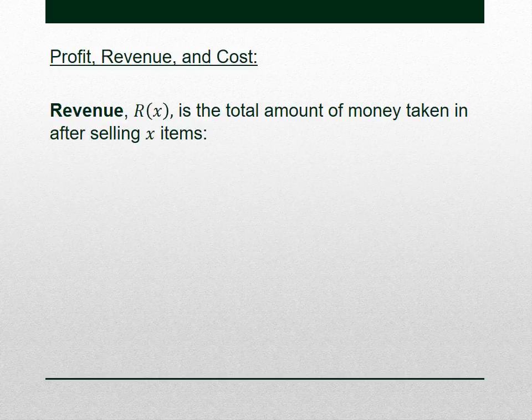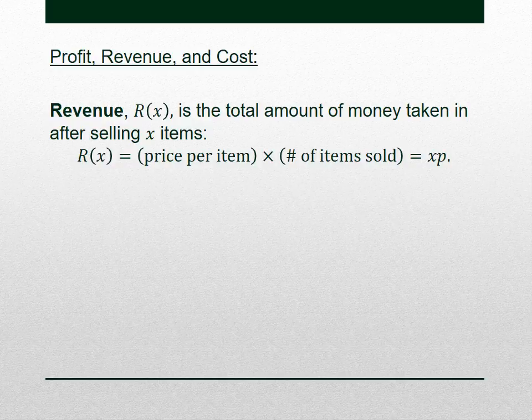And R of X, the revenue, that's the amount of money taken in, right? So you sell X things and you take in R of X amount of money, right? So you can think of that as the amount of money sort of in the cash register after you've sold X things. And how do we find that?